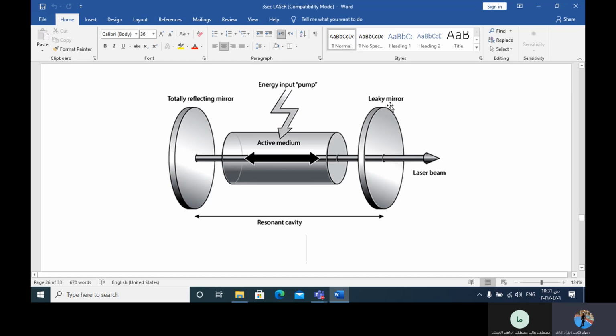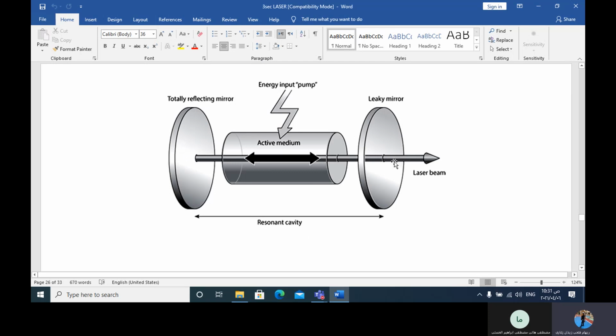What we mean is that the leaky mirror has a reflection coefficient of approximately 98%, which means that it doesn't have 100% reflection, but the other one is totally reflecting. It has something like a 99.9% coefficient of reflection, which means that no photons, or nearly no photons, can leak out from this mirror.